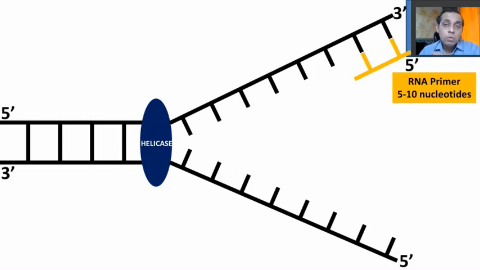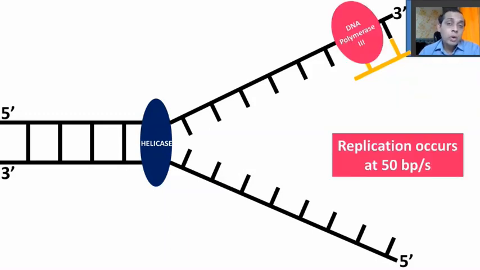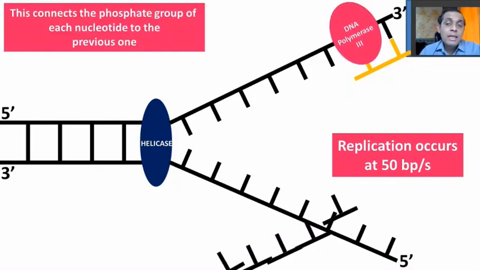Now comes the most important enzyme, which is going to attach specific nucleotides on the new leading strand. Remember, this replication also has a pace. The replication occurs at the attachment of 50 base pairs per second. DNA polymerase is going to attach specific nucleotides which are already present in the nucleus on the leading strand.